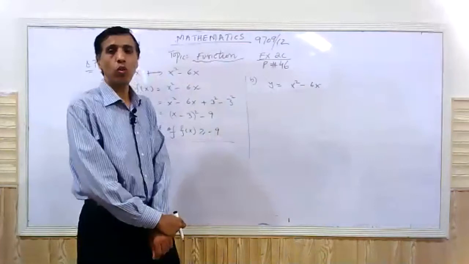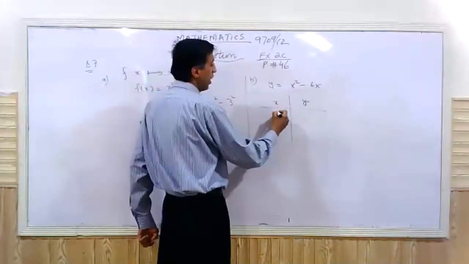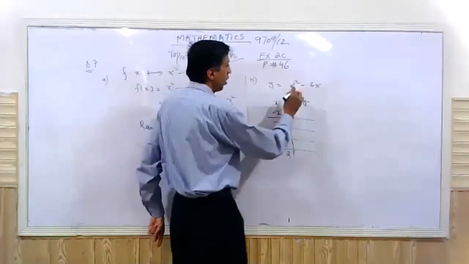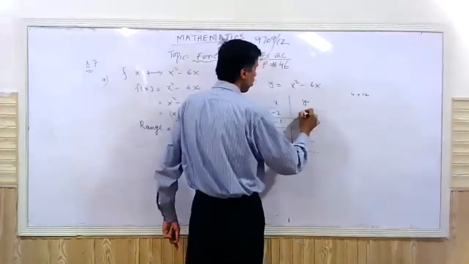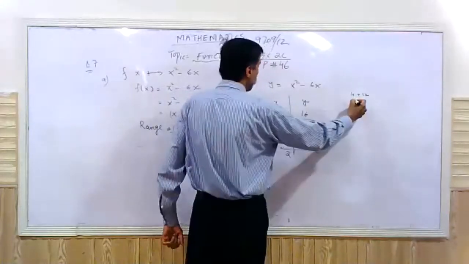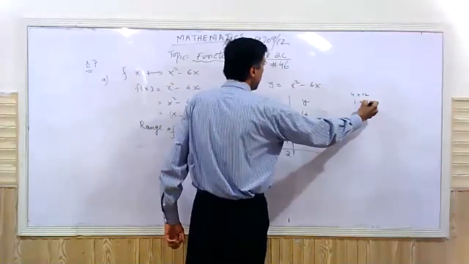You have to construct the table of x, y. Take the negative values first: minus 2, minus 1, 0, 1, 2. If you keep minus 2, we get 4 plus 12, 16 comes. If you keep minus 1, 1 plus 6, 7.